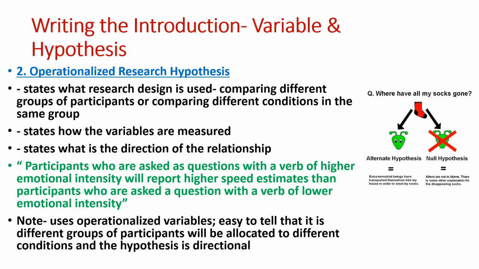As the verb gets higher, so does the speed. So that's actually called a one-tail. And I'll go over that again when we get to the inferential statistics, but that's a one-tail. So that means the direction of the hypothesis is going in the same direction, like the numbers will always increase or they'll always decrease. On a two-tailed, you have a possibility for them to go up or down.